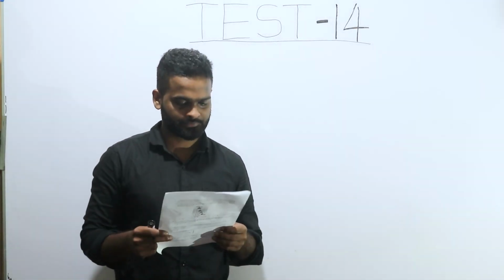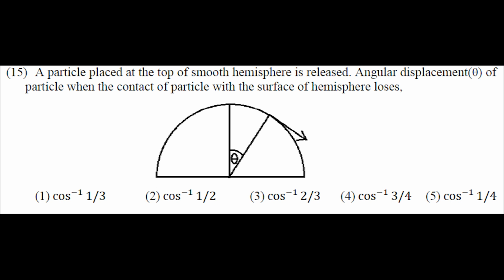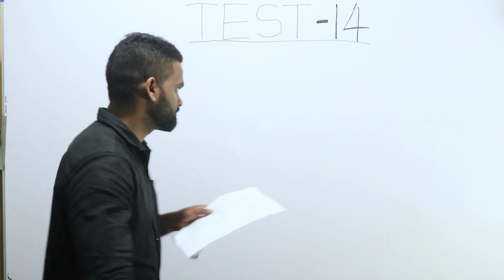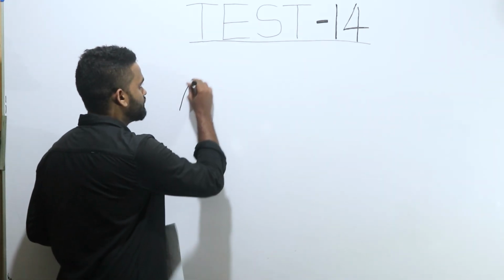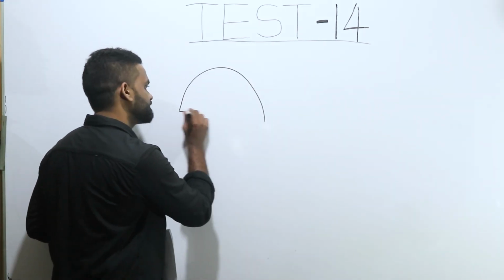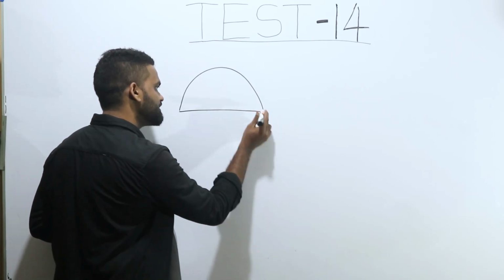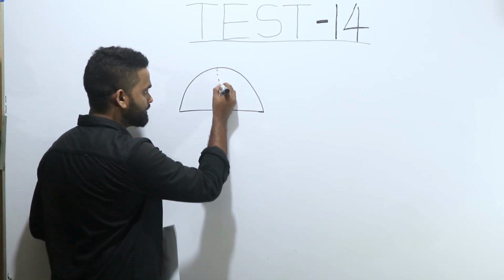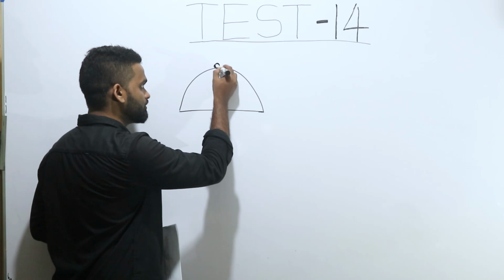15. A particle at the top of a smooth hemisphere is released. Find the angular displacement theta of the particle when the contact of the particle with the surface of the hemisphere is lost. So we have this smooth hemisphere, and a particle is released from the top of it.